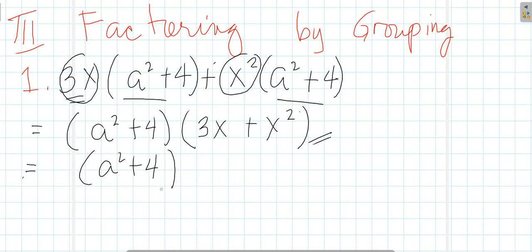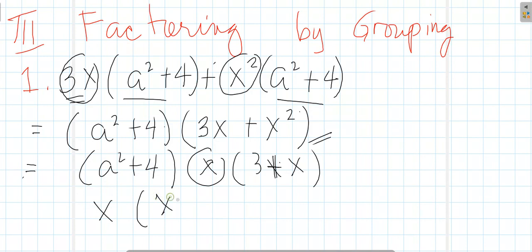So the common factor between 3x and x squared is x. So therefore, final answer: x times x plus 3 times a squared plus 4. Okay, so that's the answer. That's the final answer.